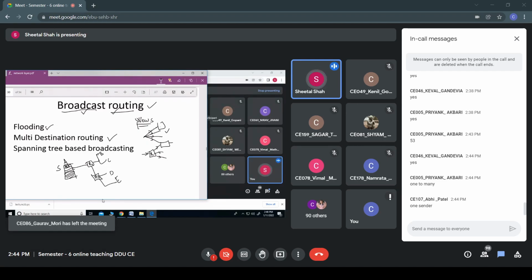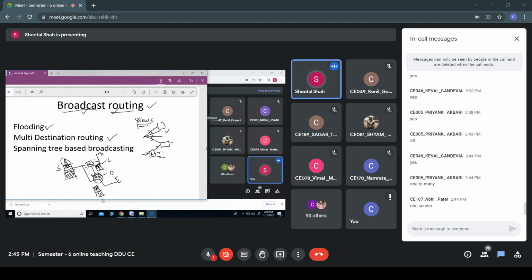Now what happens when the packet is sent by host A to this router? Router R1 would receive that packet, and R2 would also receive this packet. R1 will make a new packet with the destination addresses of only B as well as C. Similarly, R2 once again creates a packet with destinations only D as well as E. Are you getting this?